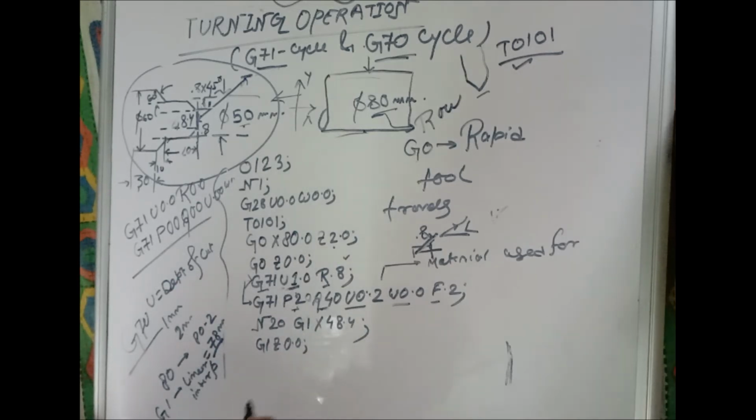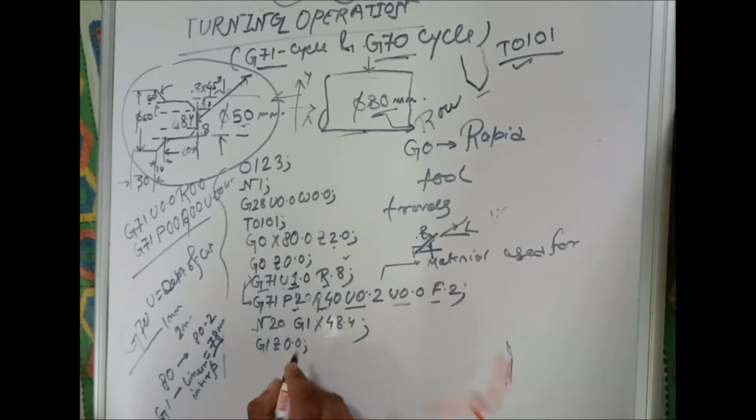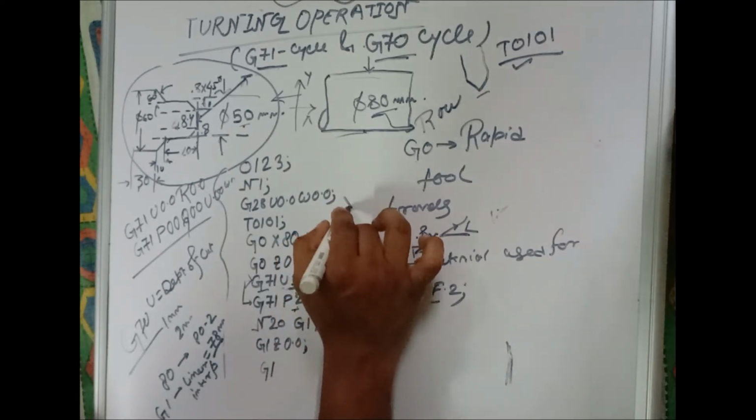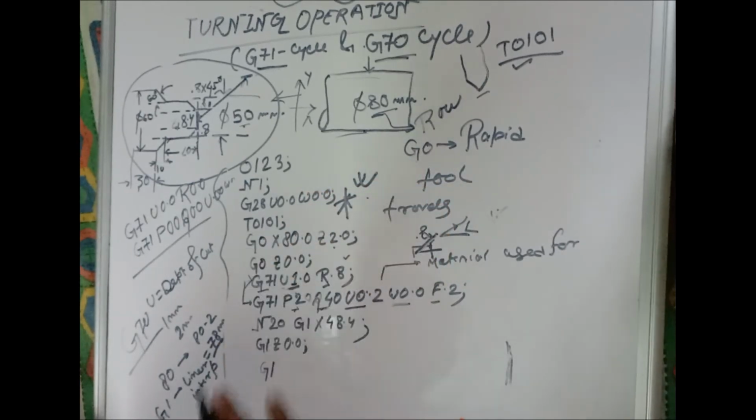Okay, after giving this, what will you do? We will start the chamfer. So how will you give it? G1. Here I am giving a star mark because I will discuss it later after the finishing of the program.